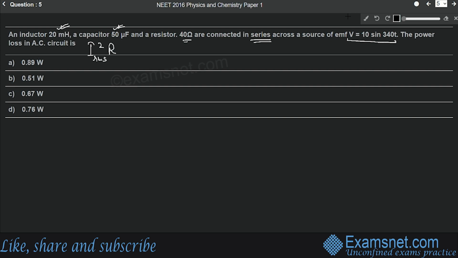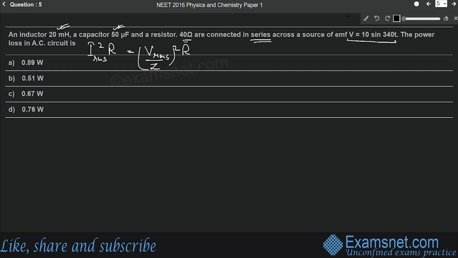Okay, but current is not given in this question. So in place of I RMS, we can write V RMS upon Z. So we can use this equation to find the power loss: V RMS upon Z, square, R. Z is the impedance here. Now what will be the value of V RMS?